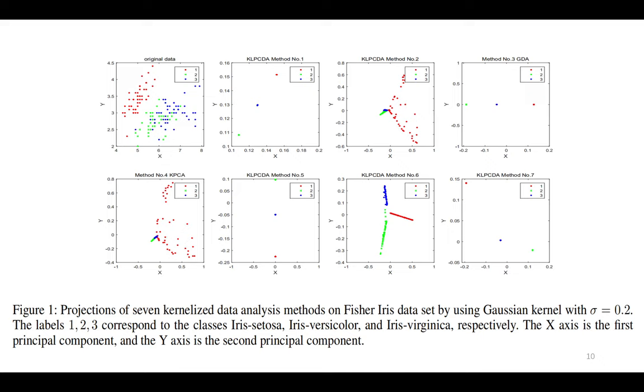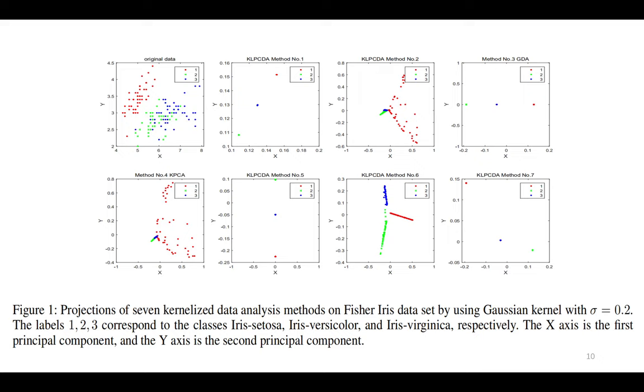Figure 1 shows the experiment results on the Fisher iris dataset by using Gaussian kernel with the parameter sigma equal to 0.2.